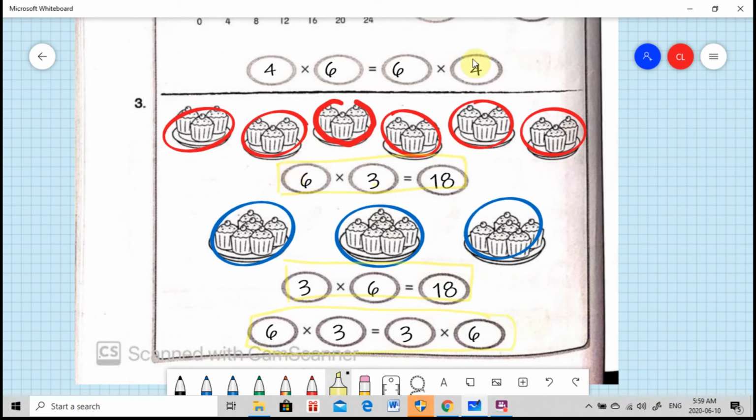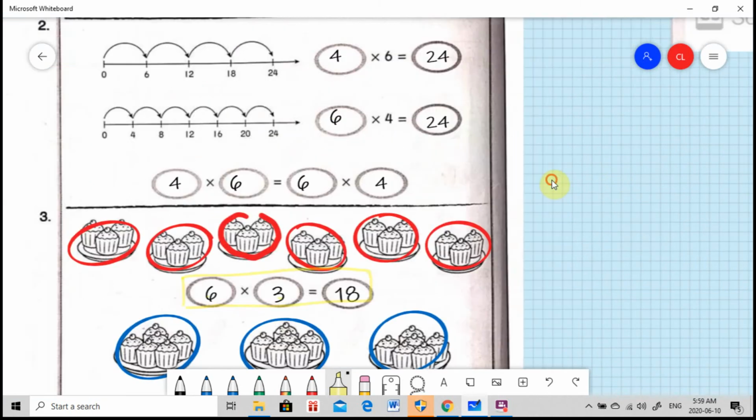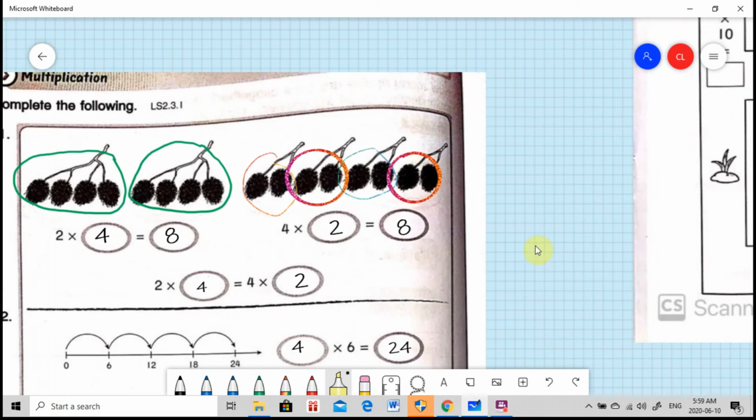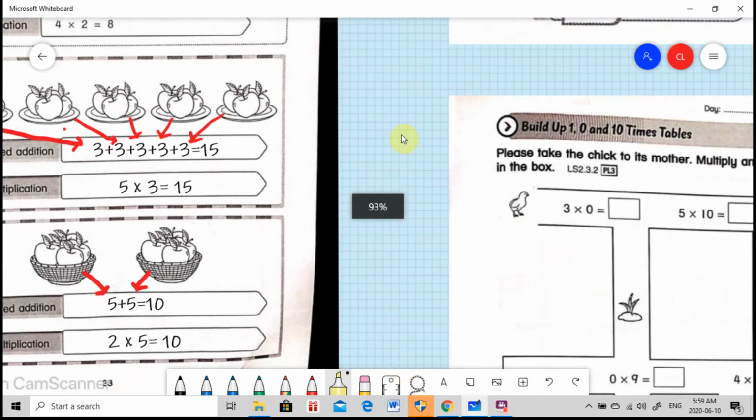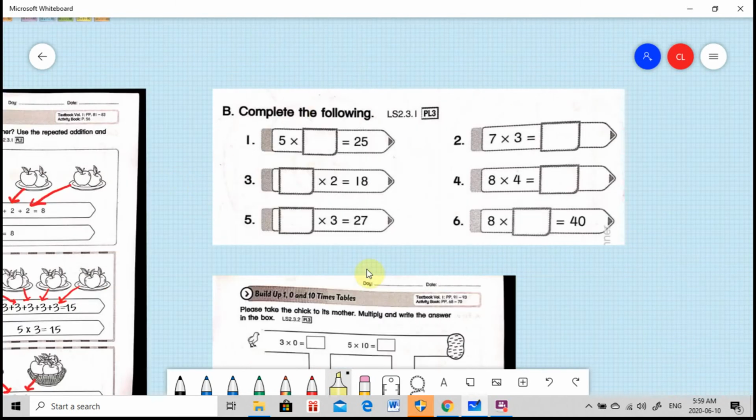Okay. Now let's move on to completing the following multiplication questions.